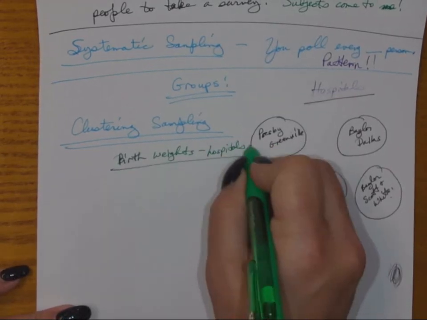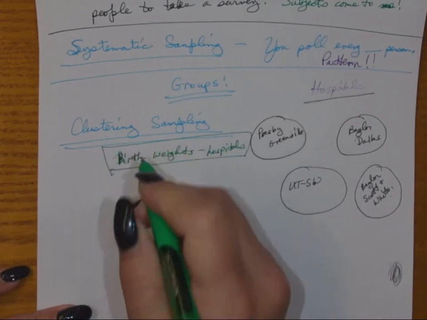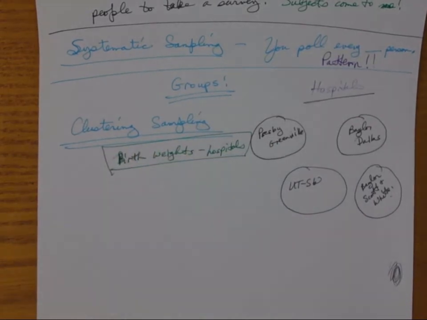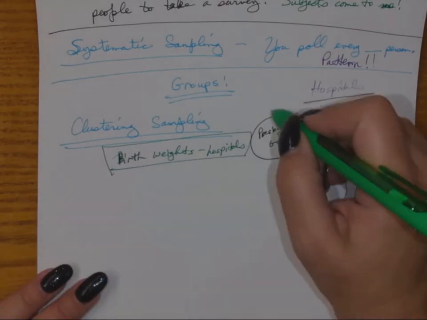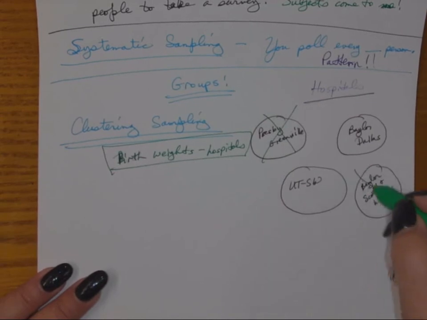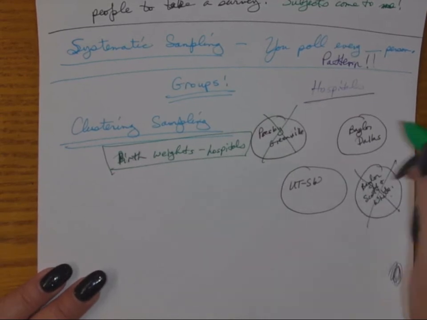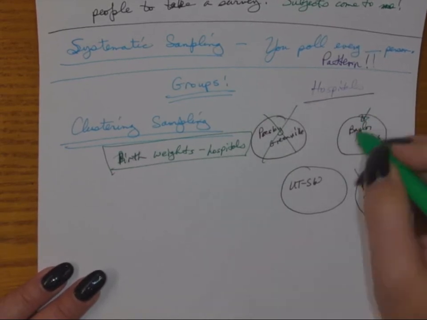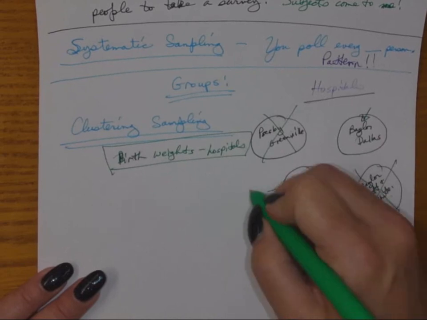If that's what I was trying to do, then for the clustering method, what I would do is I would come inside of this group and I would say, okay, I don't want to talk to the people in Greenville. And I would randomly select which hospitals I'm going to do, okay? I don't want to talk to the people in Greenville, and I don't want to do the Garland one. But I want to talk to the people in Baylor, and I want to talk to the people in UT Southwest.